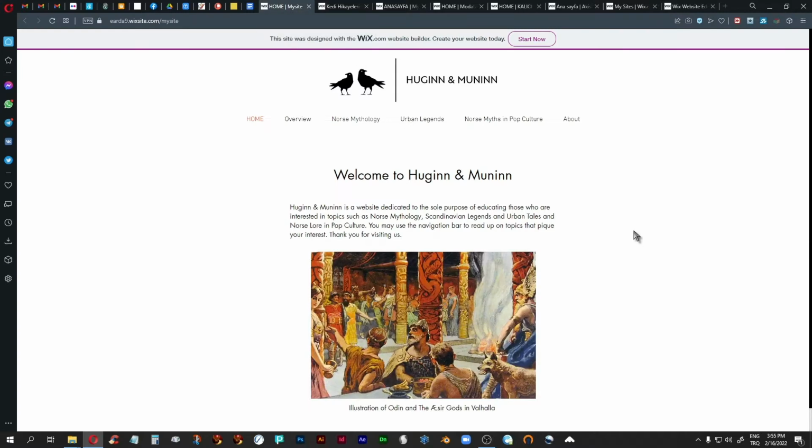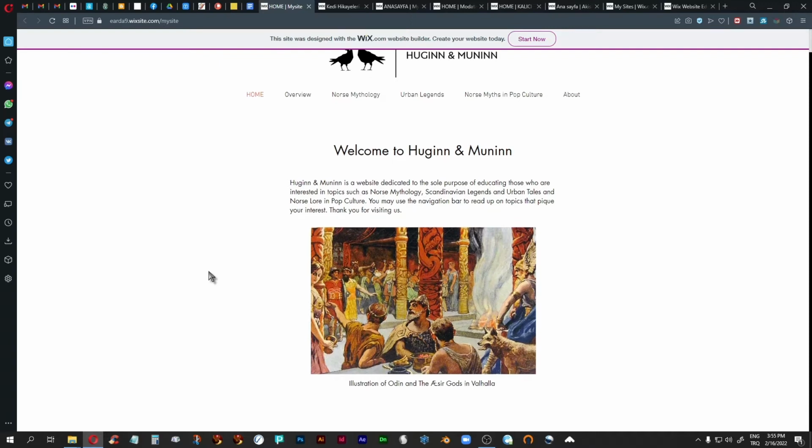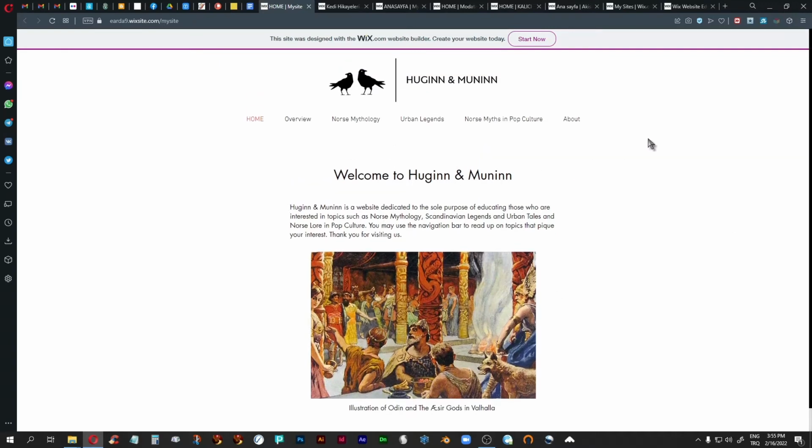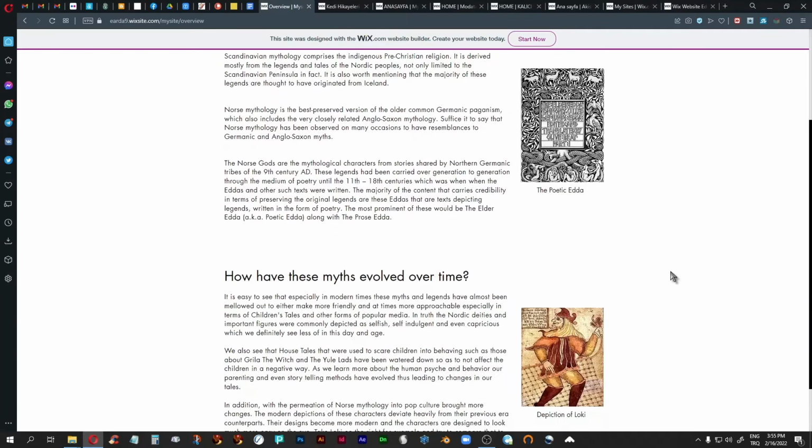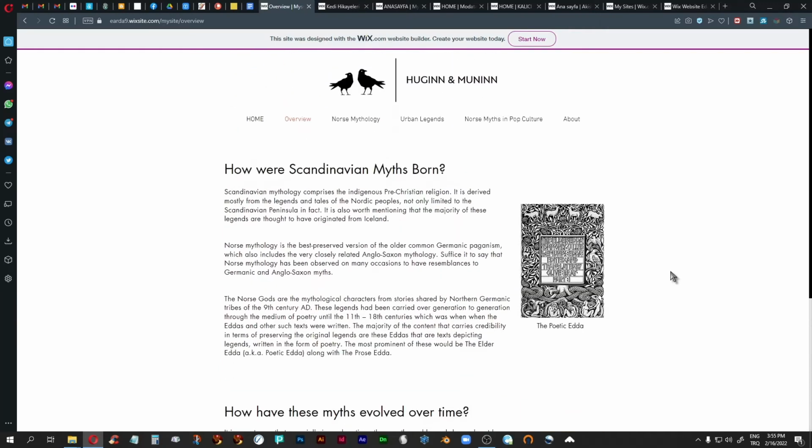Now, the first one that we have here was made by a student called Arda, whose last name unfortunately I don't have on record and I can't remember. He made a very big website, a very extensive website about Northern mythology, Norse myths, and he has a number of links here, and when you scroll down you can see that he did a considerable amount of research on this topic.